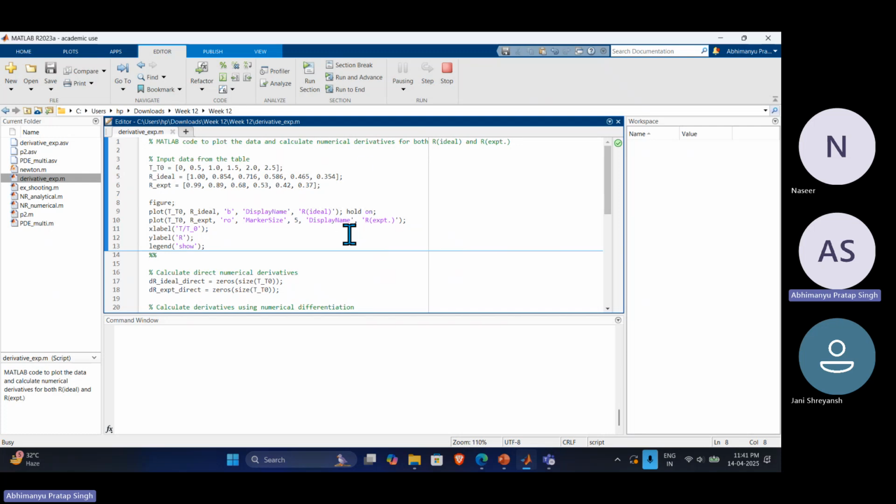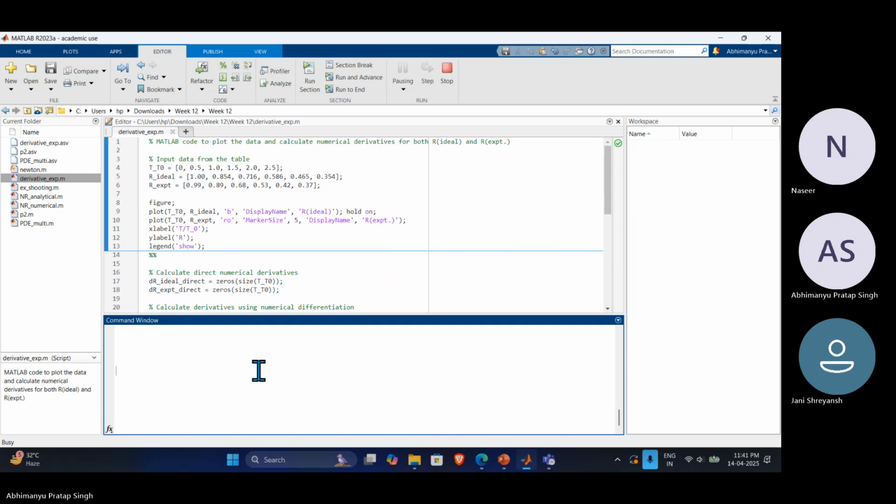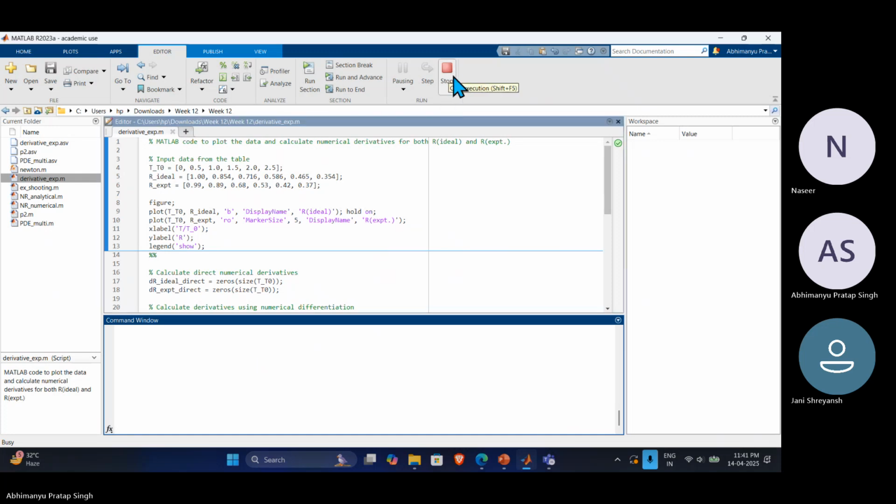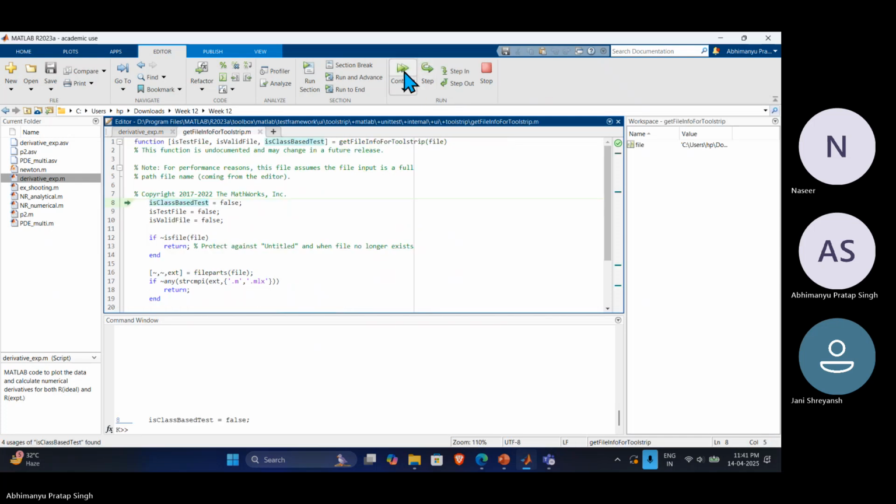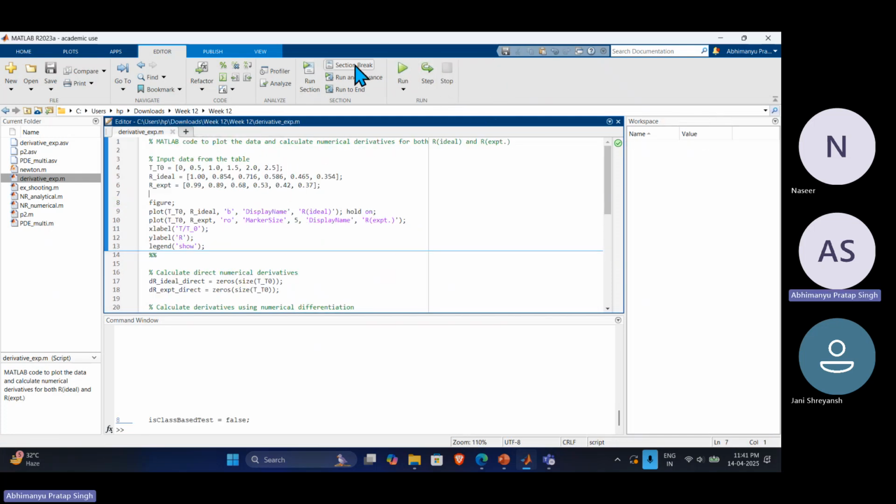I pressed the timing button. So first, let us run this first section.